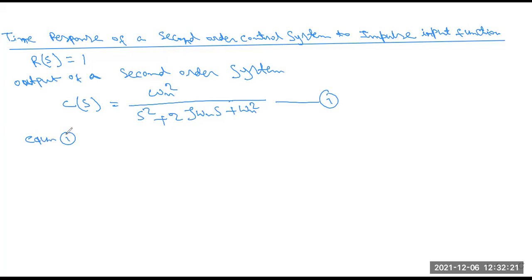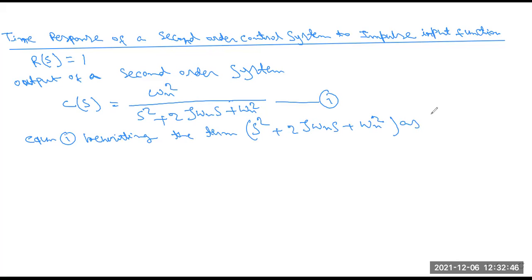So equation 1, rewriting the term, that is s square plus 2 zeta omega n s plus omega n square.